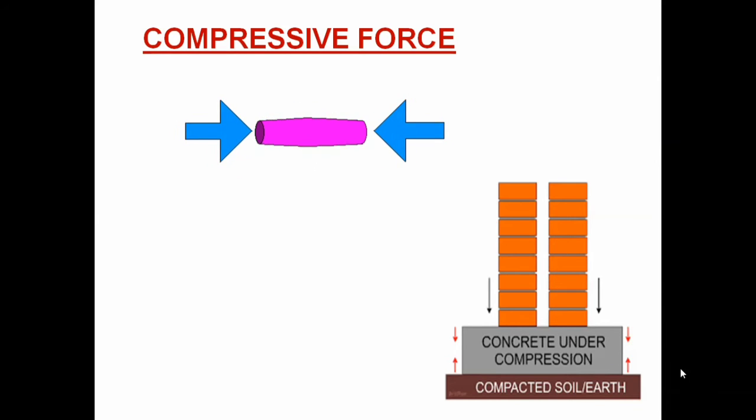This is a compacted soil, and that is a concrete platform, and bricks are placed. These bricks are loading downward, and this compacted soil is reacting upward. So this concrete platform is under compressive force.